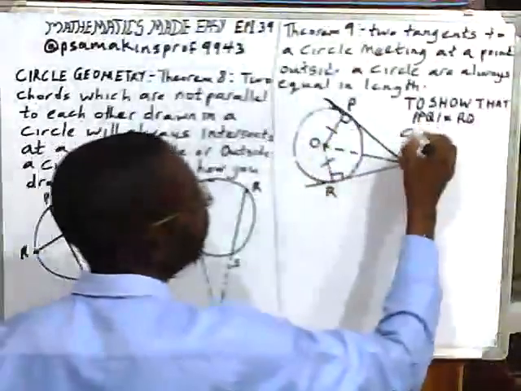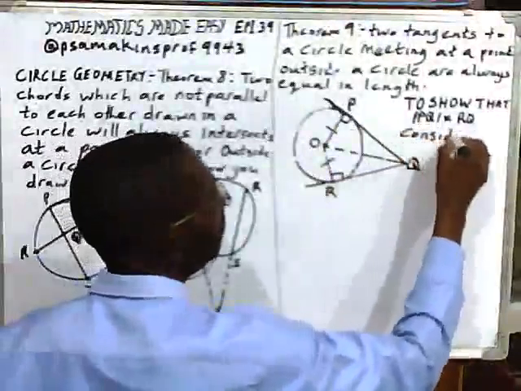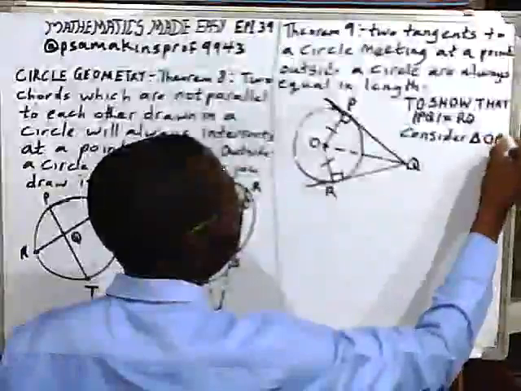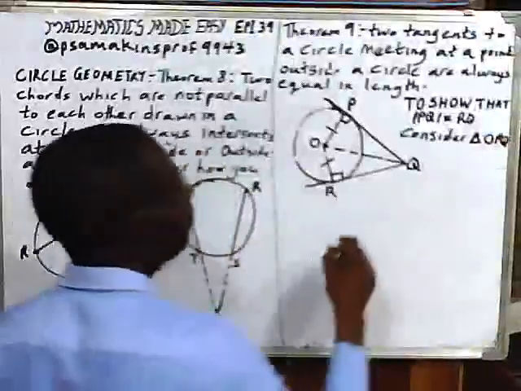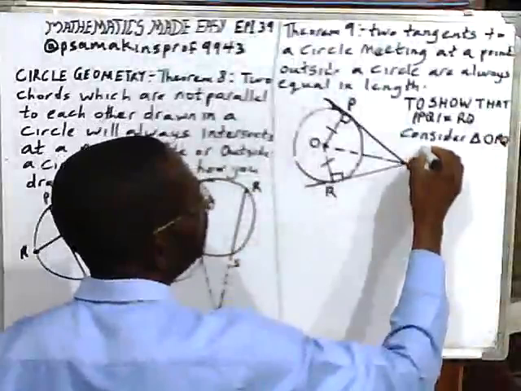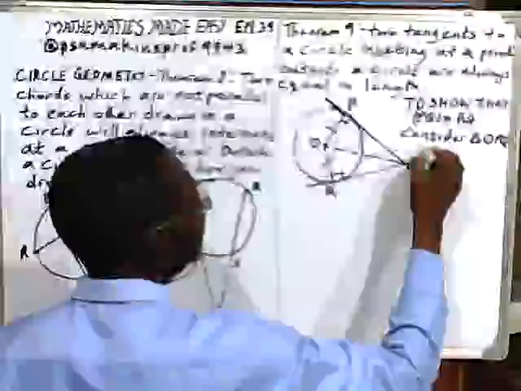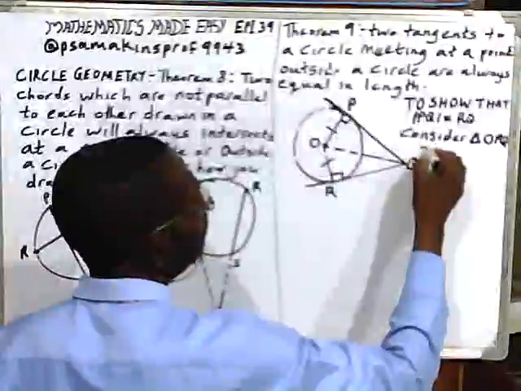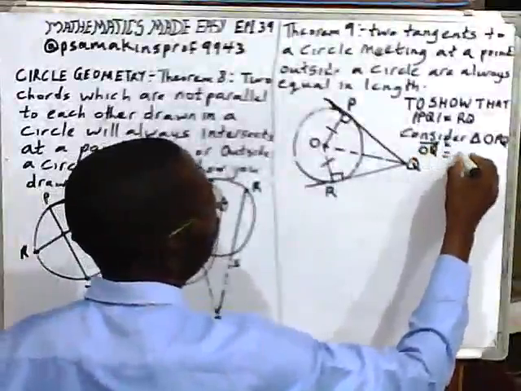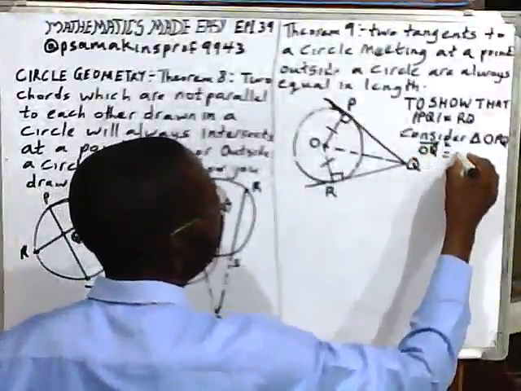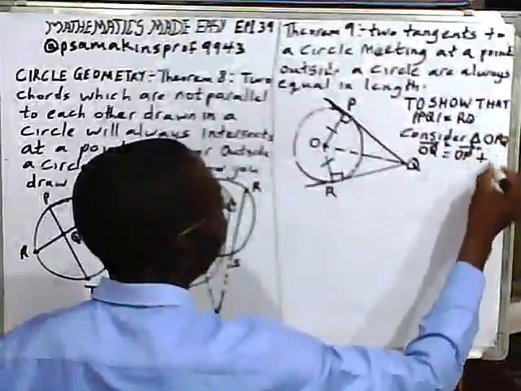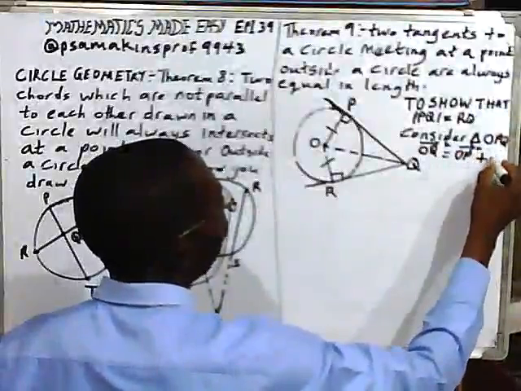So consider triangle OPQ. If we consider triangle OPQ, then from Pythagoras theorem, hypotenuse squared, that is OQ squared, should be equal to opposite squared OP squared plus opposite squared PQ squared.